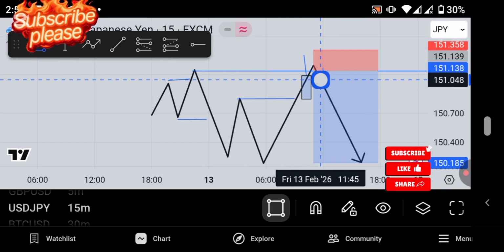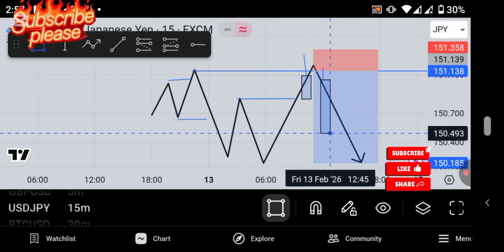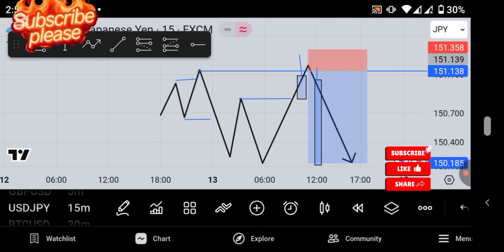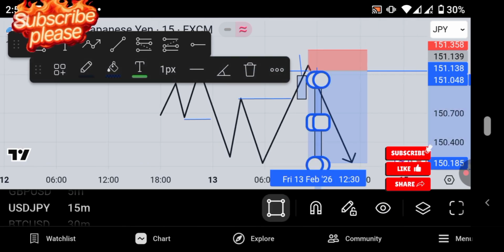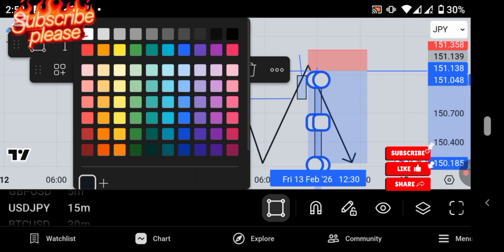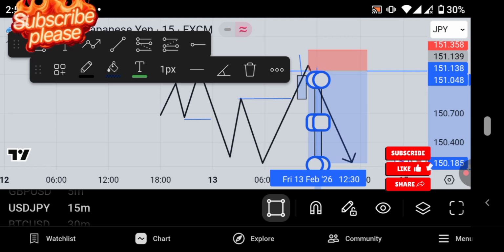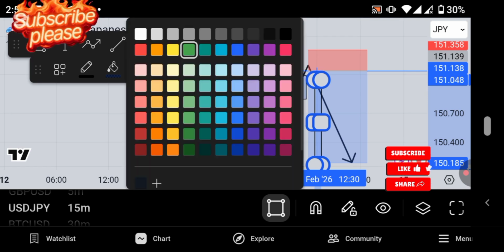That is why it is called the double confirmation, before going in our direction. This is something we should see the market do.